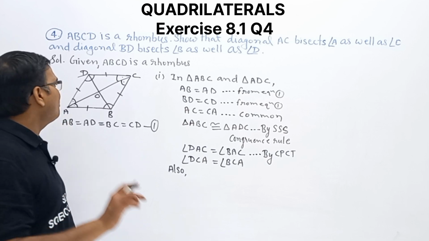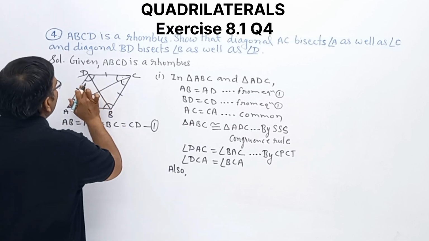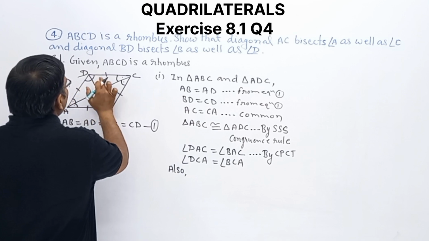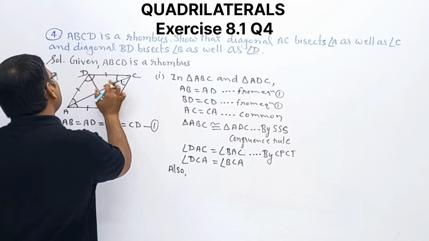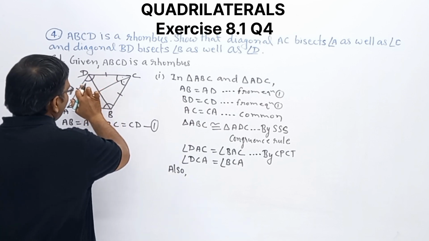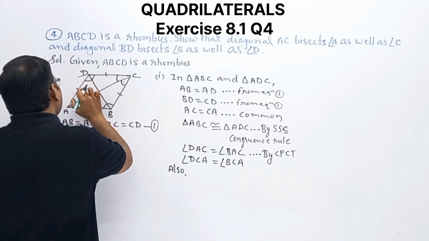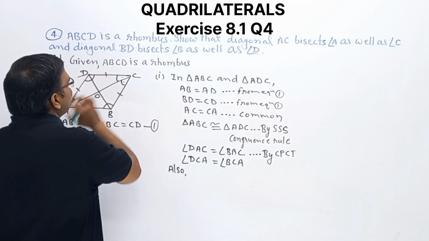We studied one property in isosceles triangle: equal sides, opposite angles. This side opposite angle, this one, this side opposite angle, this one. Equal sides opposite angles will be equal.